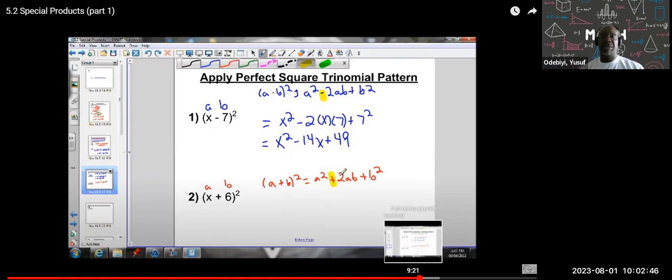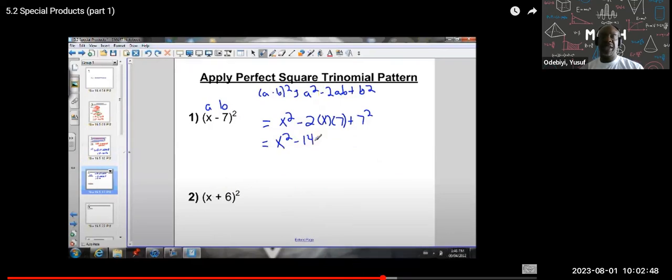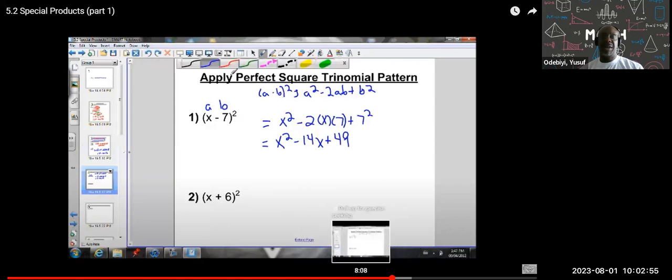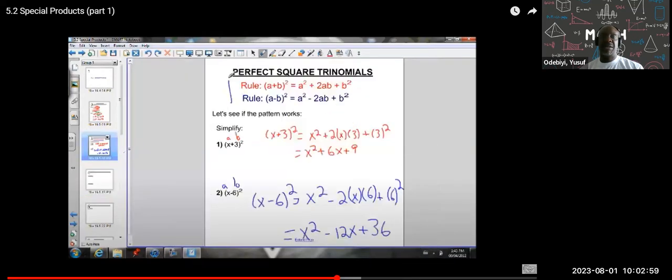Let's just look at an example of a perfect square. Here's the rule of a perfect square.